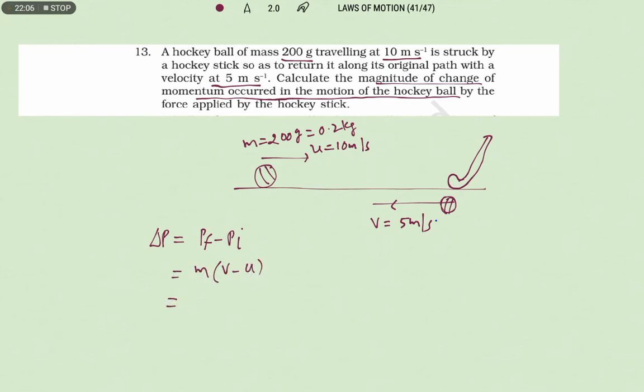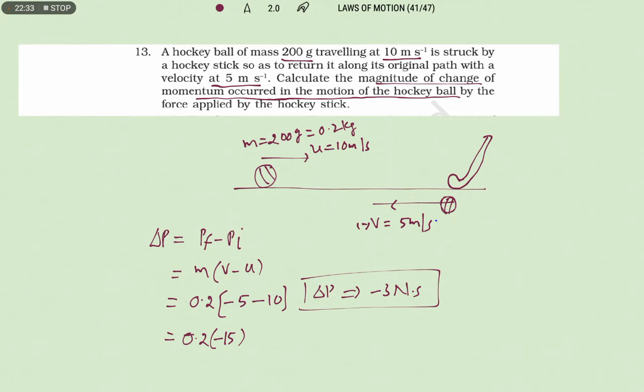So m is 0.2. The v direction is opposite to the initial direction, that's why we take this as minus, so minus 5. U direction is positive direction only, minus 10. Therefore 0.2 into minus 15, therefore minus 3 newton second is the change in momentum of the object.